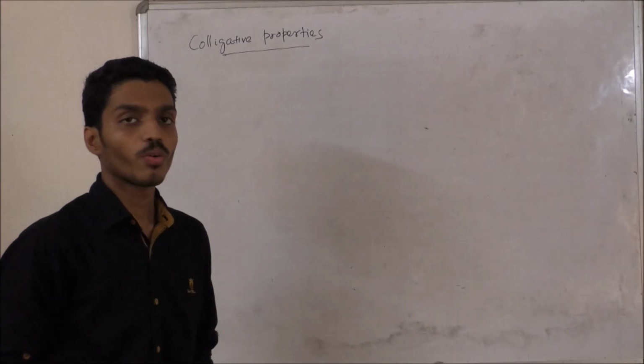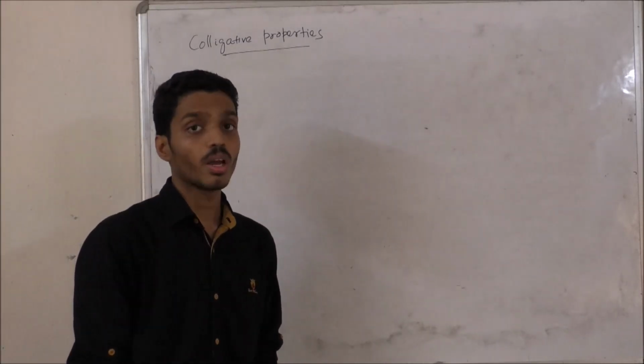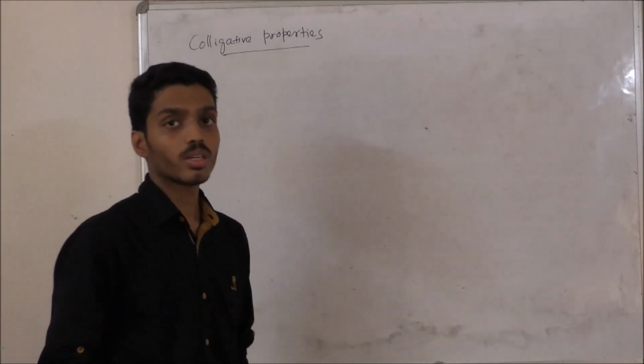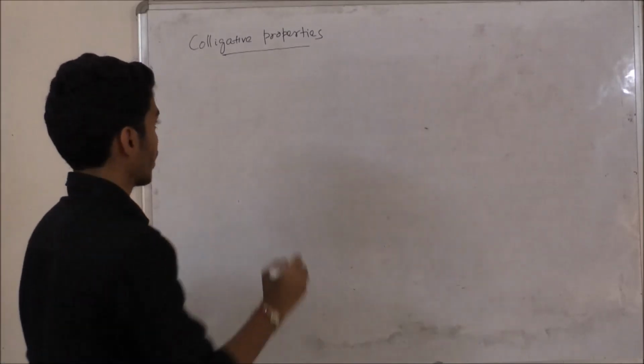Students, so we finished relative lowering in vapor pressure, and our second colligative property is elevation in boiling point.